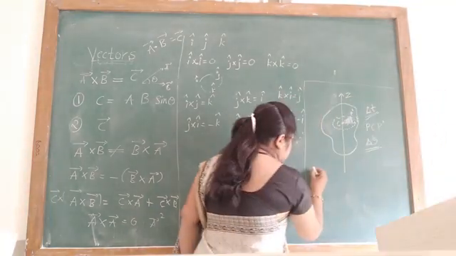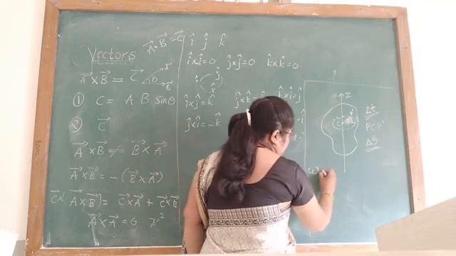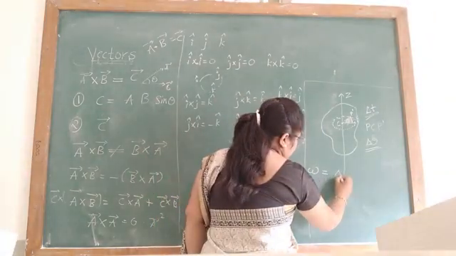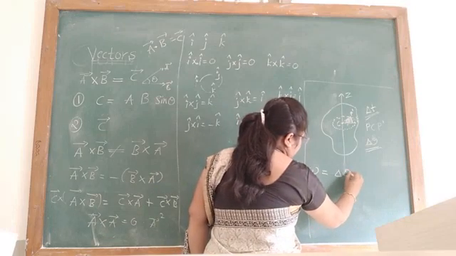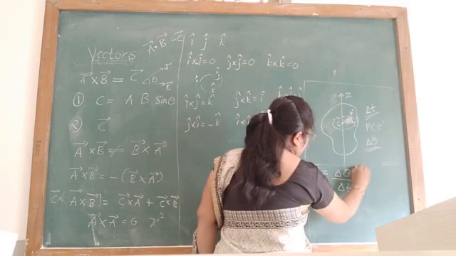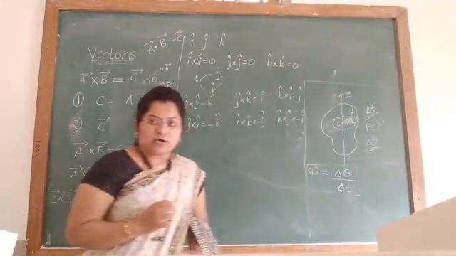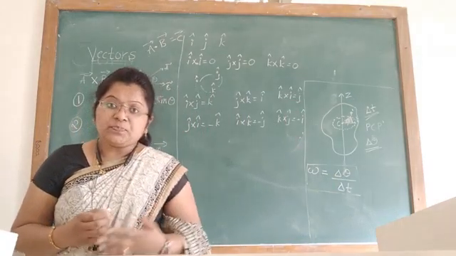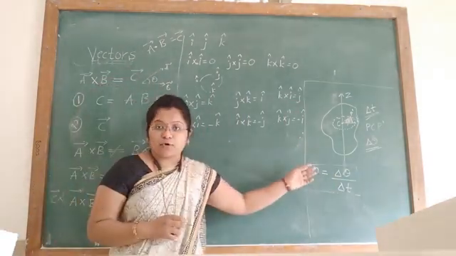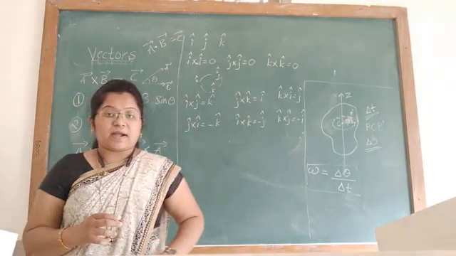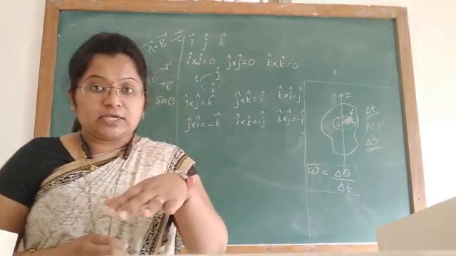So angular velocity is nothing but omega equal to angular displacement divided by time. So this is angular velocity of the particle under rotational motion. Obviously, angular velocity comes only for particles in rotational motion. We don't have angular velocity for the particles which are moving in a linear motion.